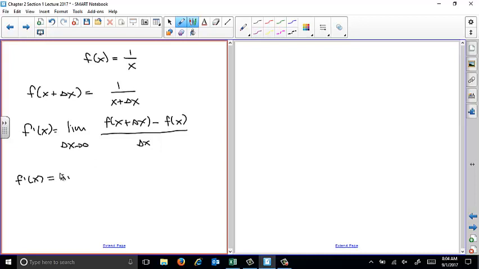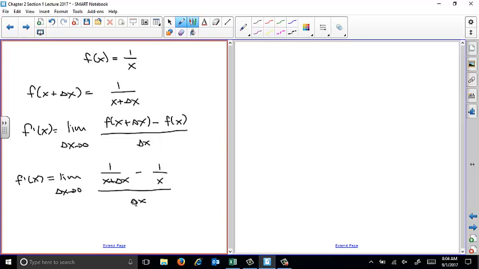So we get the limit as delta x goes to 0 of f of x plus delta x, which is 1 over x plus delta x, minus f of x, which is 1 over x, and we divide by delta x. Again, if I let delta x go to 0, you end up with an indeterminate result.